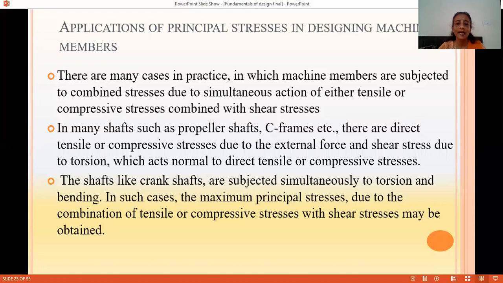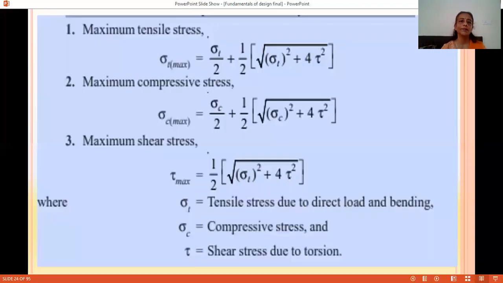Shafts like crankshafts are subjected simultaneously to torsion and bending. Whenever there is tension shear, compression shear, or bending shear, because there is a combination, we have to use the maximum principal stresses, and their formulas we will be using in further chapters.